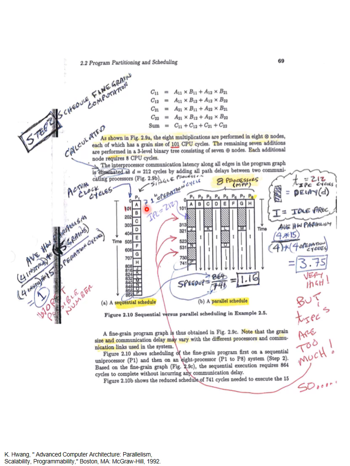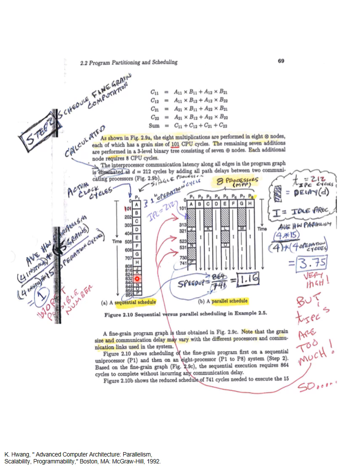This is a single processor compared to 8 processors. And we're going to compare both the degree of parallelism, as we did in the very beginning of this whole lecture, as well as speed up of going from a single processor to multiple processors.